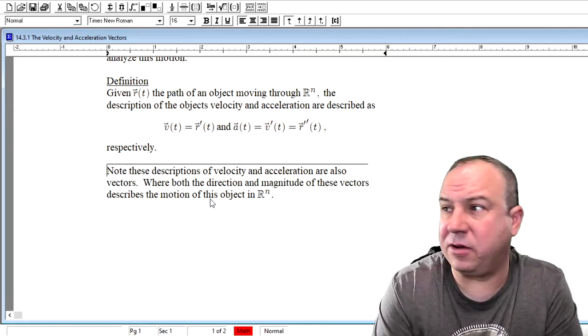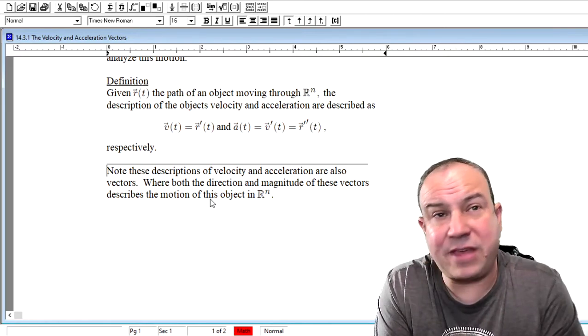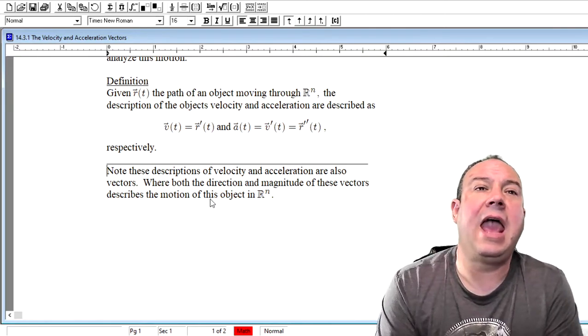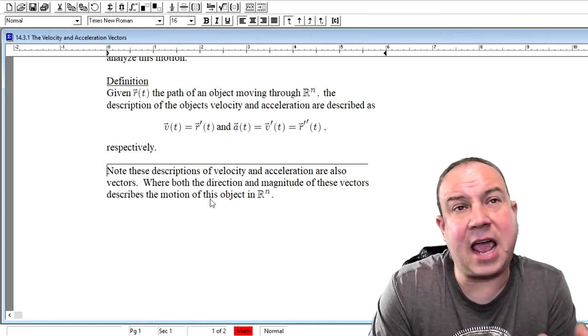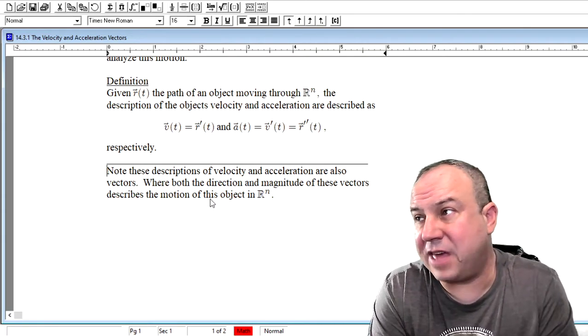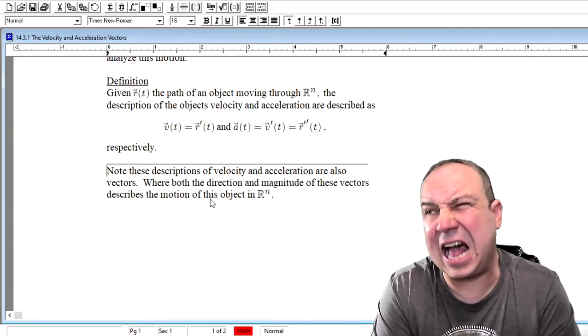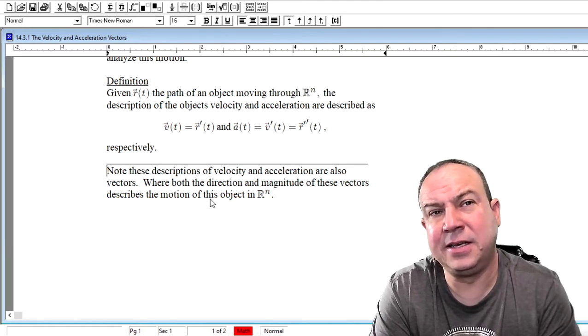Velocity is going to have a direction that its vector indicates, and that magnitude of that vector is going to be important, and acceleration is going to have a direction that it indicates, and the length of that vector is going to have some importance, right, in our analysis of this motion in space.